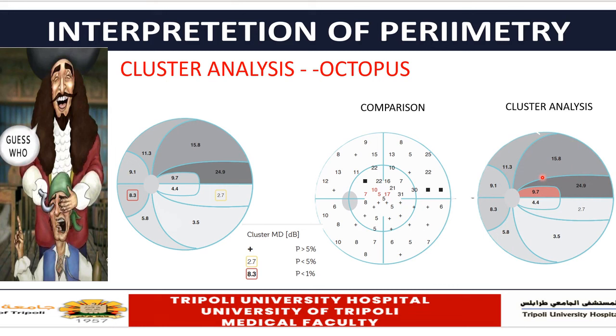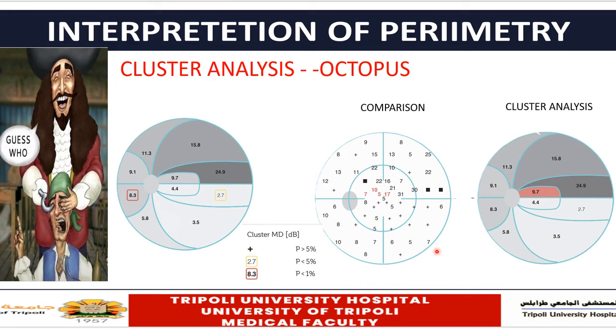This is some sort of structure-function correlation. That is, a special structure or location in the retina corresponds to loss of function in the visual field. And the mean of this sensitivity loss is determined and plotted in each one of these sectors. For example, this is the superior paracentral cluster, plotted in red color, and these are the values of reduced sensitivity. And the mean value of this reduced sensitivity for each cluster is measured and represented on each cluster.